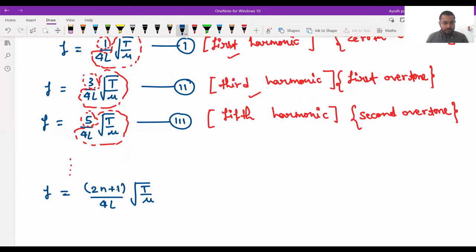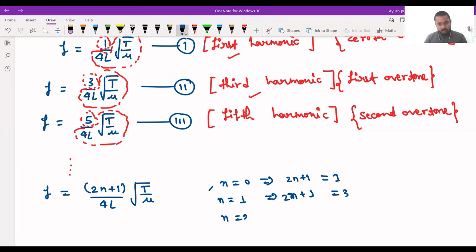See, if I put n equal to 0, what will be the value of 2n plus 1? It will be 1. If I put n equal to 1, 2n plus 1 will be 3. If I put n equal to 2, it will be 5.